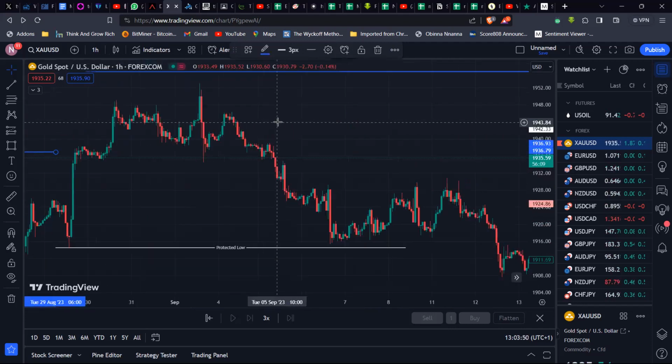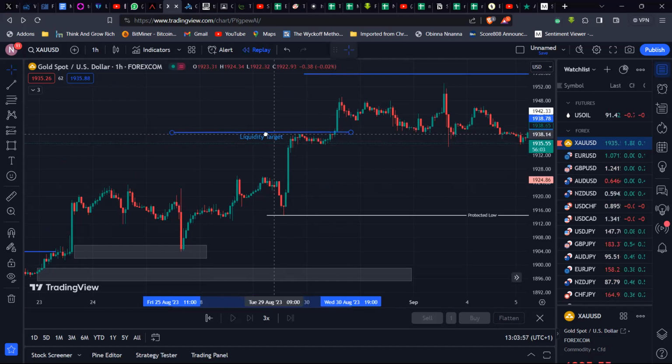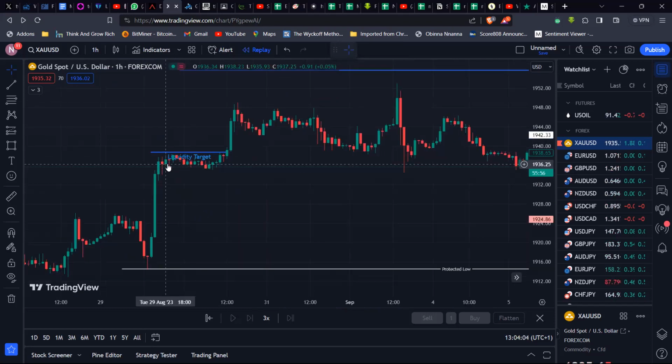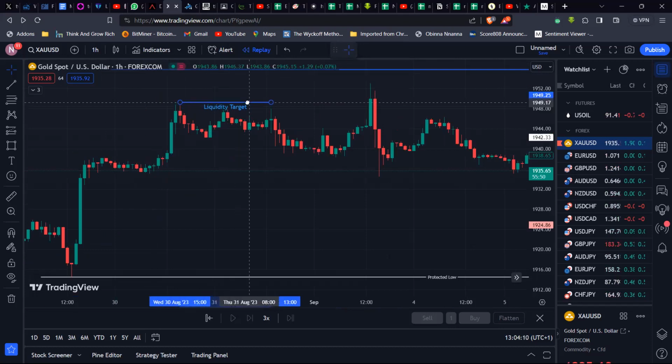And with the breakdown, this would have become our liquidity targets. I was actually expecting price to pull back down before breaking up, but what price did is it broke up. So this becomes liquidity targets, right?